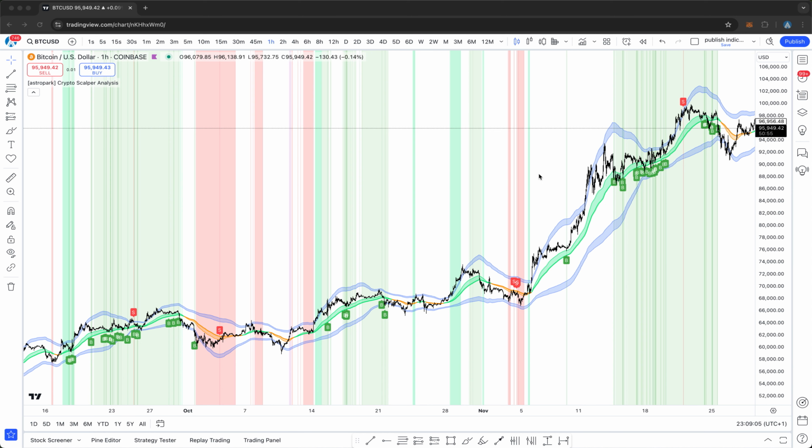Okay, today I'm presenting you my latest creature. Okay, the crypto scalper analysis. I developed it based on my multiple years of expertise on trading crypto, and I'm glad that I'm presenting this to you.